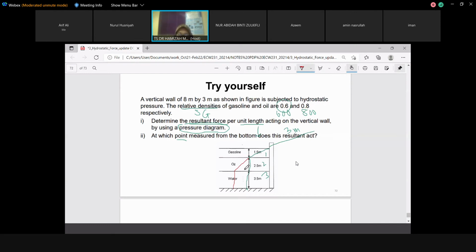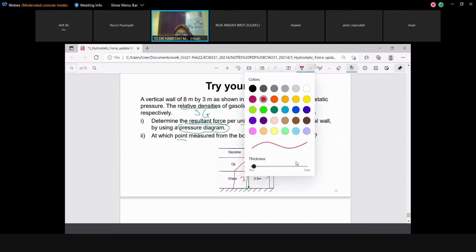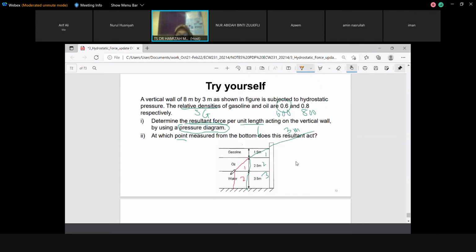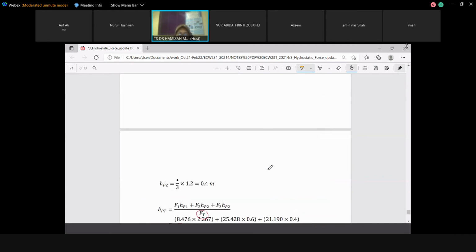Okay, so oil also has two. Earlier gasoline had 3. So oil has 2, and then you have 1 for water. So water 1. Okay, and then try to add the areas: area for water, area for oil, and also area for gasoline. Okay, you can follow this step.